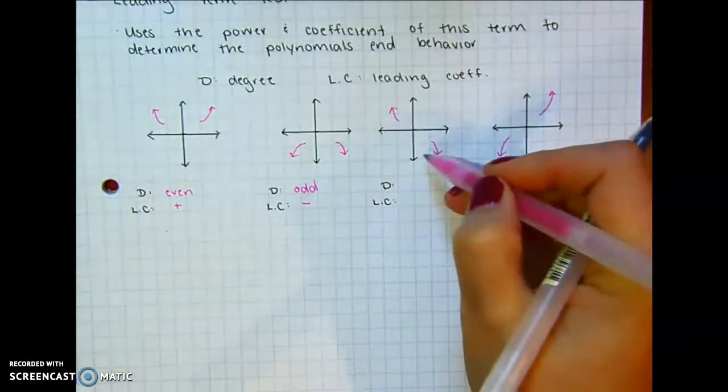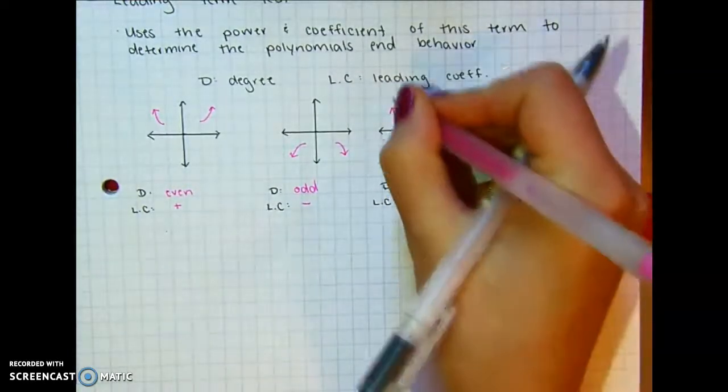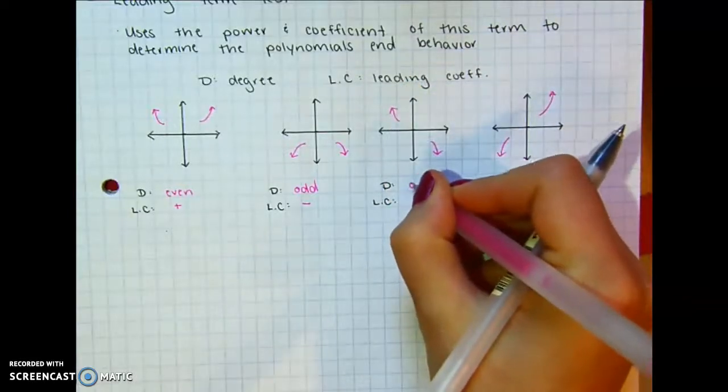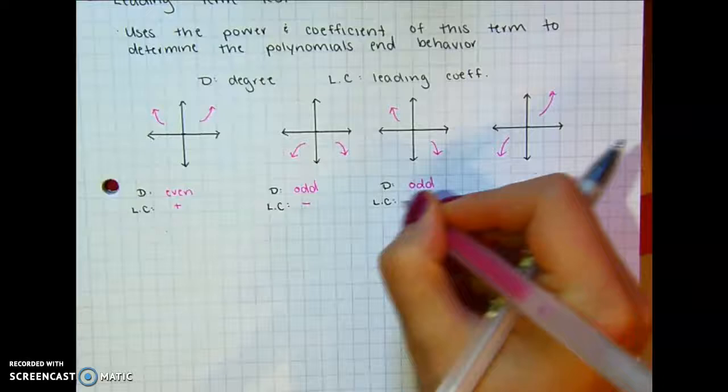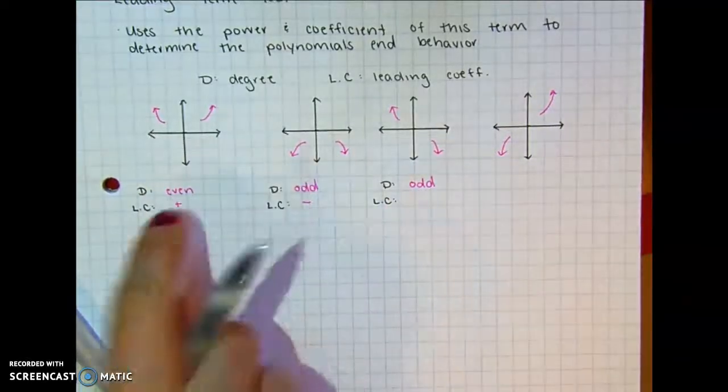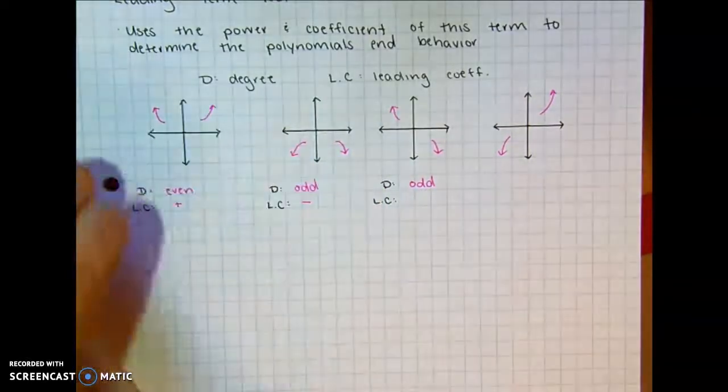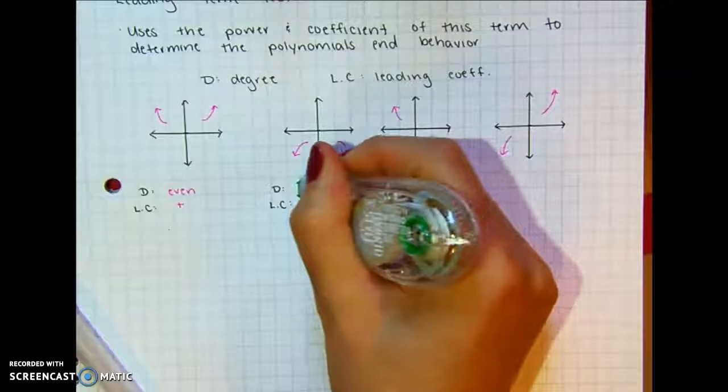Here, to end going negative, so opposite directions is just odd. Sorry, I messed up right here. Same direction means it's even, like x squared, right, goes in the same direction. I don't know why I wrote odd.